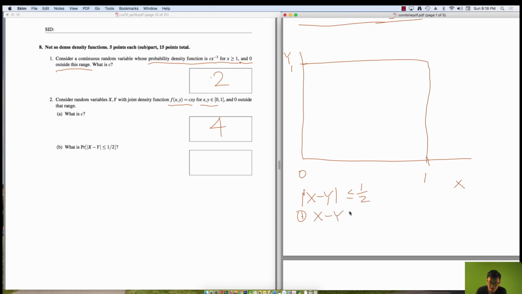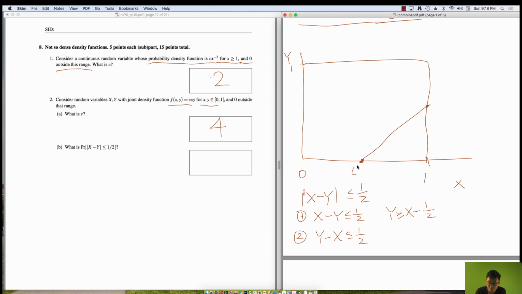either x minus y is less than or equal to a half, or y minus x is going to be less than or equal to a half. So how do we plot these regions? Well, first I can simplify this into y being greater than x minus a half. So if I draw the line y equals x minus a half, I get this line right here.